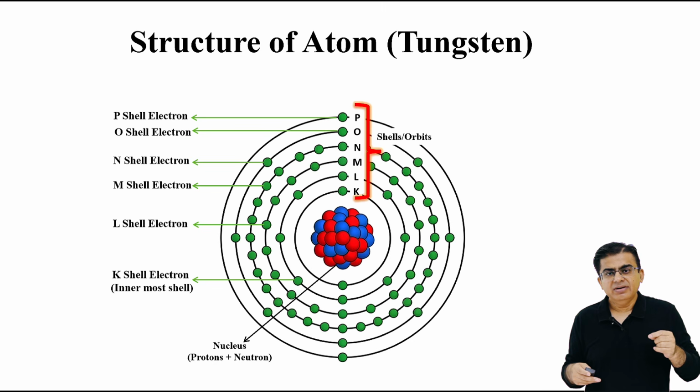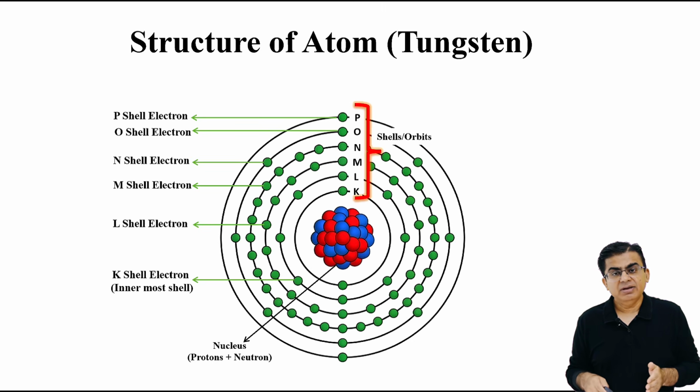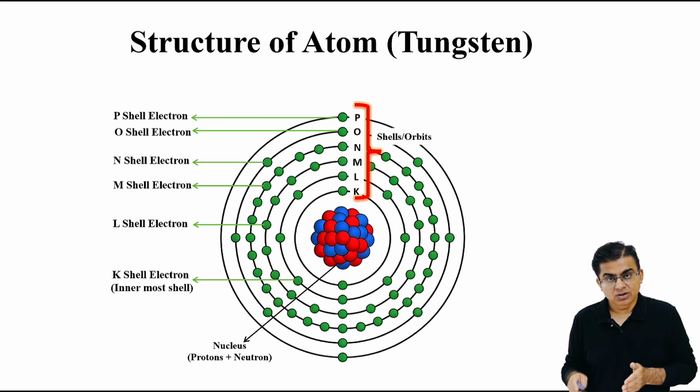I want you to remember a very important point here. Characteristic radiation is a direct interaction between the incoming bombarding electron from the cathode and these specific orbital electrons of the target. Once again, characteristic radiation is a type of interaction which happens between the incoming bombarding electron from the cathode and these specific orbital electrons of the target.